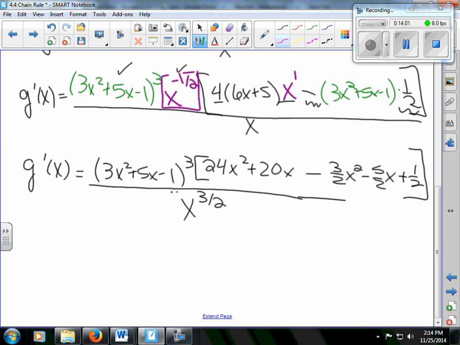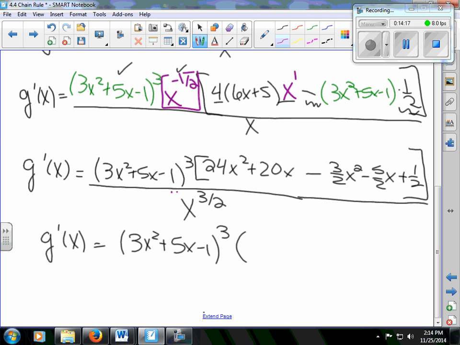And finally, I'm going to go ahead and collect like terms in that bracket, and you will be all done, and you will be able to simplify properly the way the big kids do on college campuses, and the way that you can do it. Okay, so 24x squared minus 3/2, that's 48 halves. So 45 halves x squared.